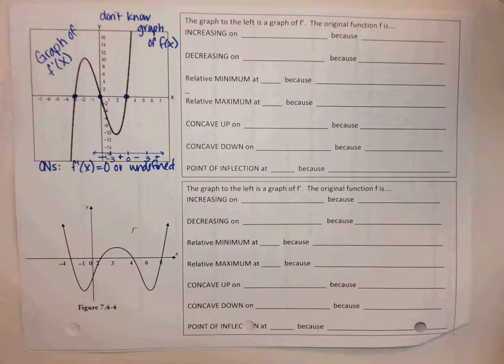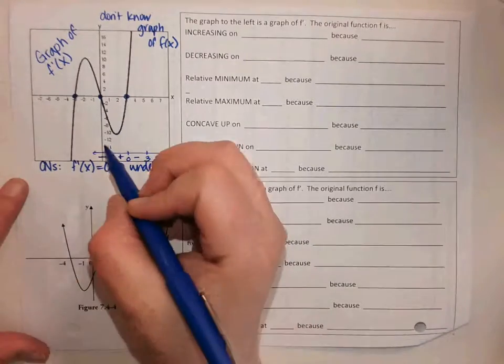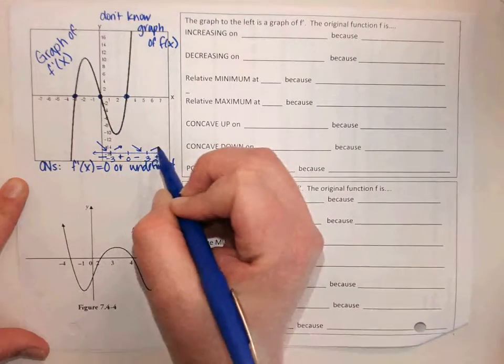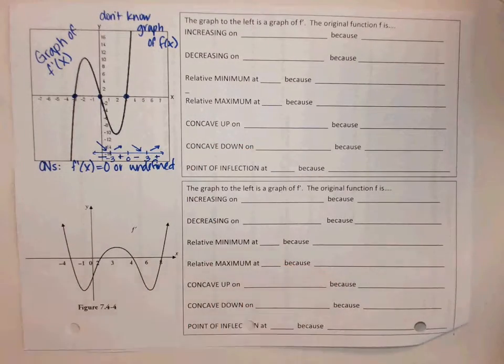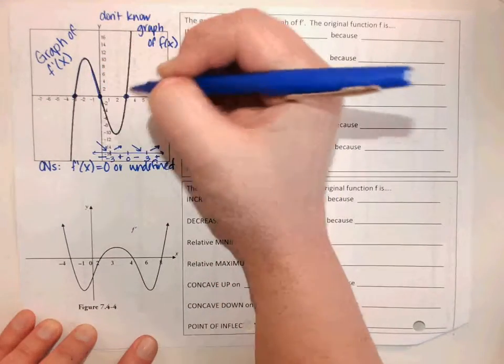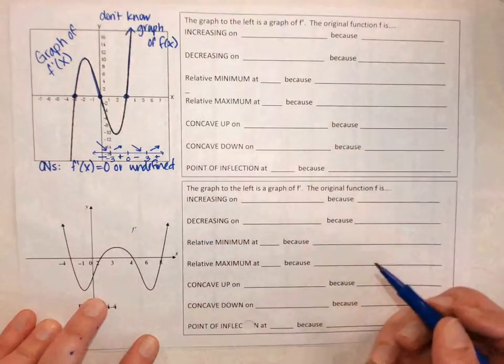Then positive. What does that tell me? That f, which I don't have a picture of, what would f have been doing? Decreasing, increasing. So when I list my intervals, my graph is increasing from negative 3 to 0, which is here, and then from 3 till infinity.